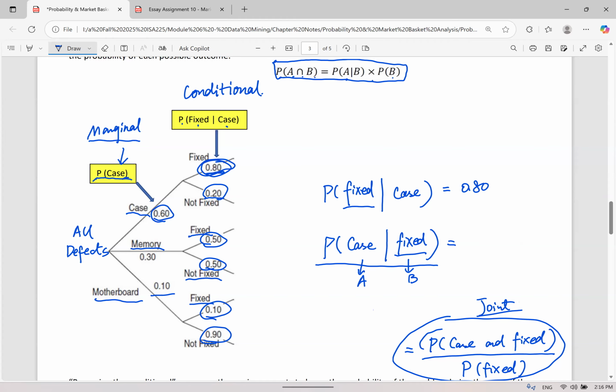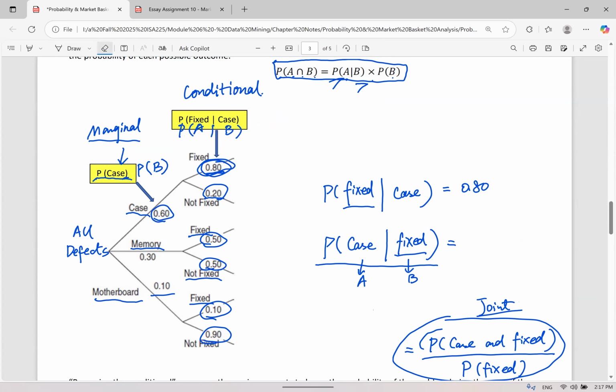If you consider this is A and this is B, then you have the probability of A given B, and then this is the probability of the condition B. So if we multiply these two probabilities together, is that just a joint probability?